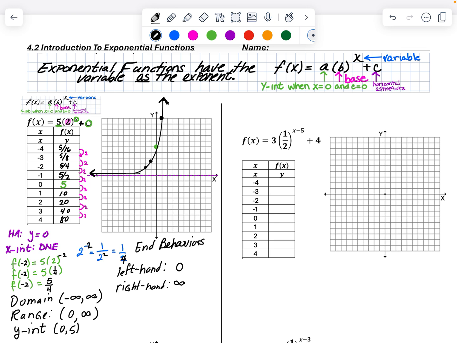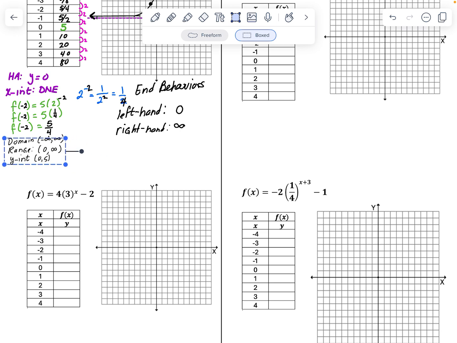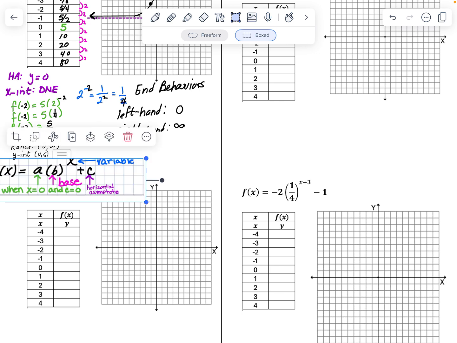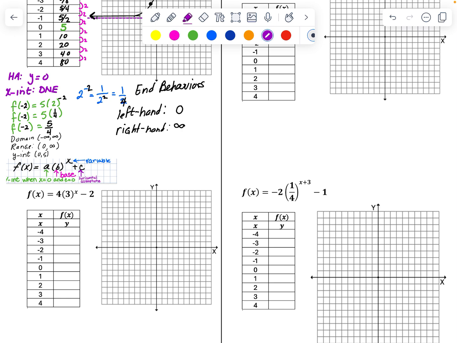All right, so let's look at the next one. So the next one, make these a little bit smaller. There you go. The next one, let's pull these notes so that they're easily accessible to us. All right, so the notes tell us that we have a number here of -2.